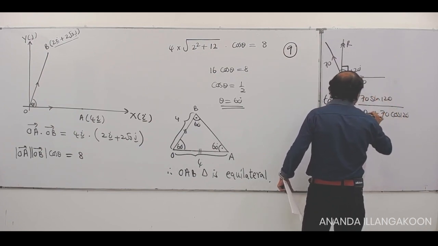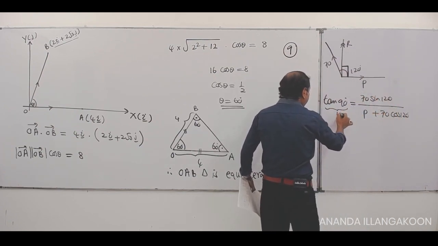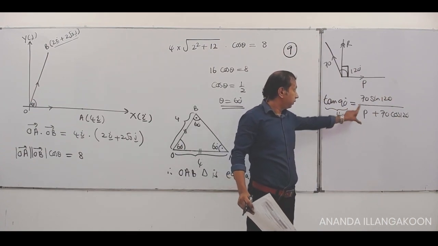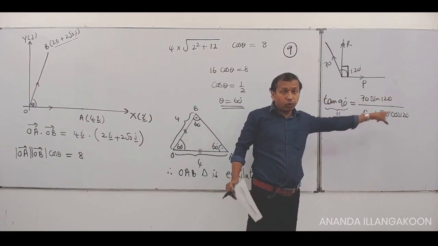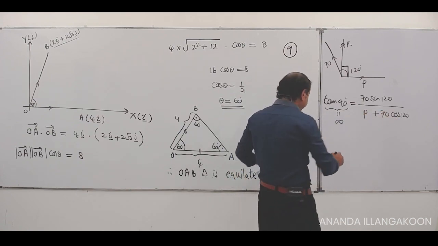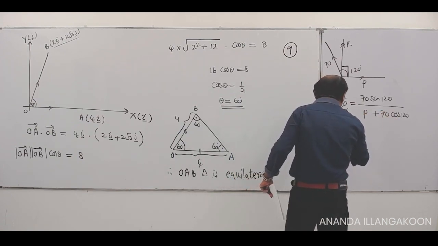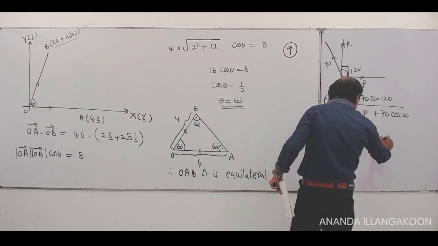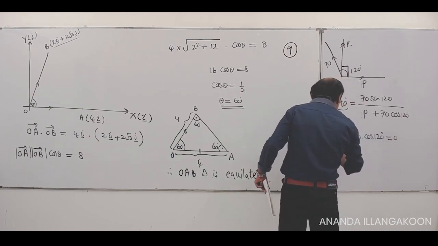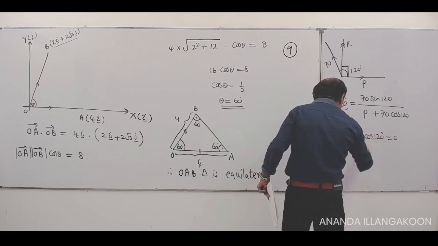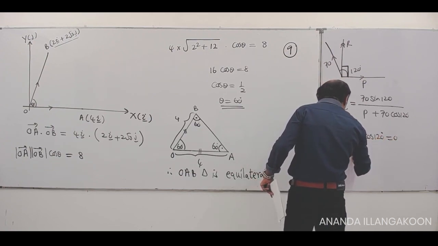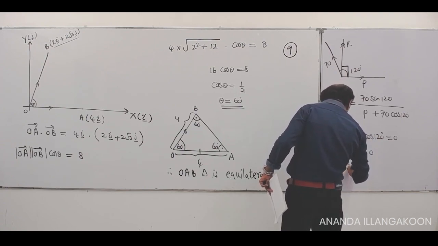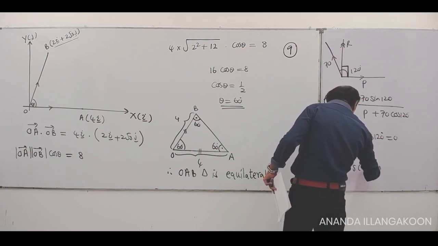You know, tan 90 is infinity, right? The right hand side fraction being infinity means the denominator must be 0. It says P plus 70 cos 120 should be equal to 0. Cos 120 is minus half. Here we get 0. P equals 35 newtons.